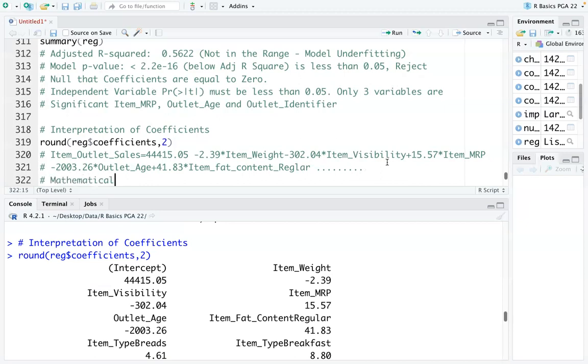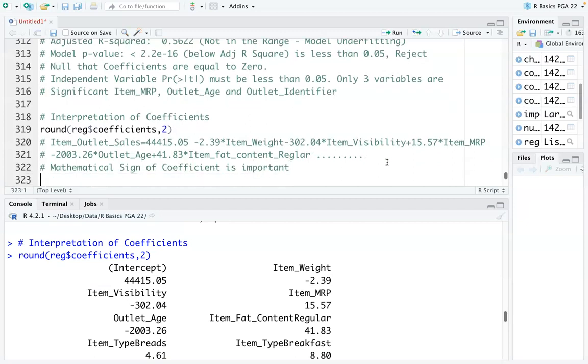The mathematical sign of the coefficient is very important.